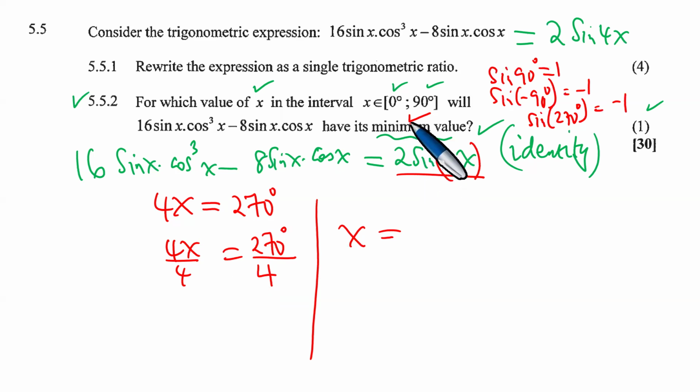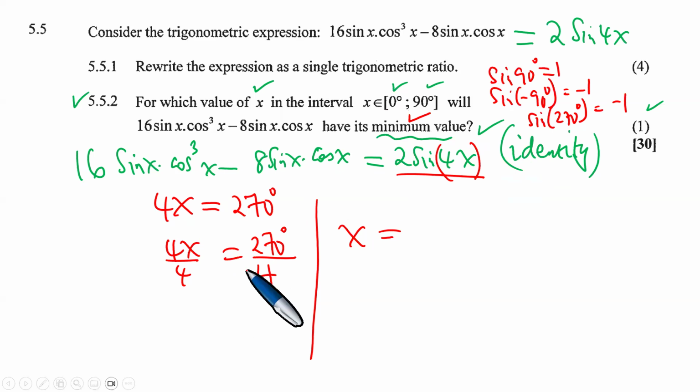But why it's outside? Yes, it is outside. But remember, we must divide by 4. That is why the examiner put it between 0 and 90. If this 4x can be 270, because 270 is a positive angle, we divide by 4.